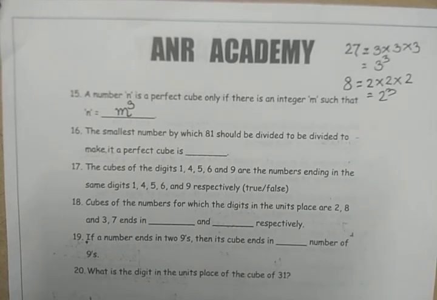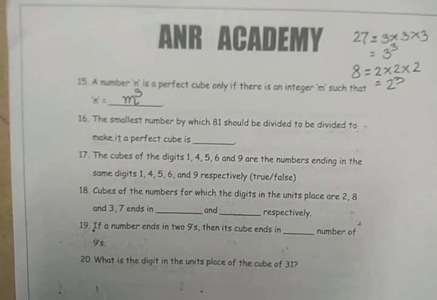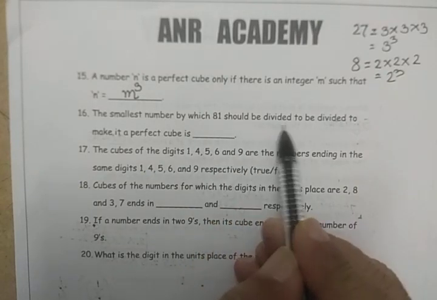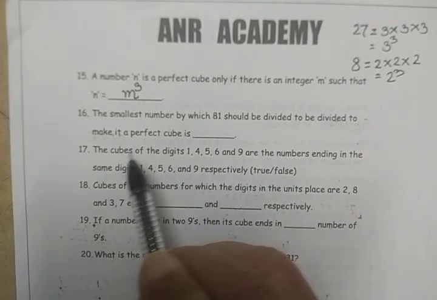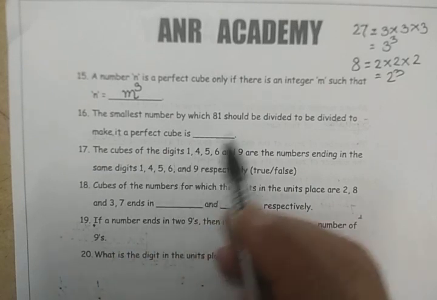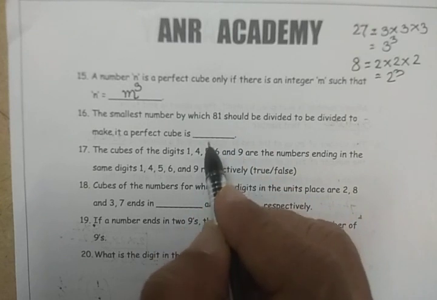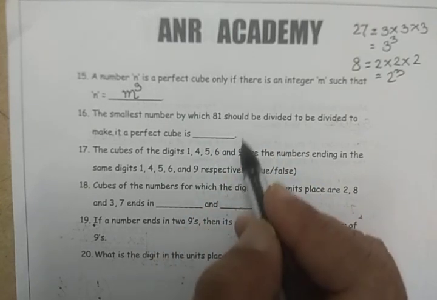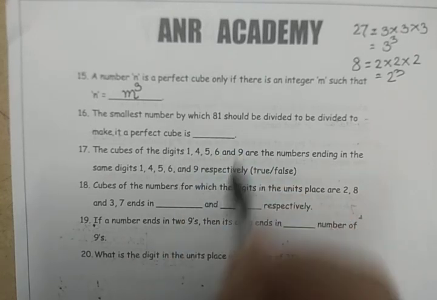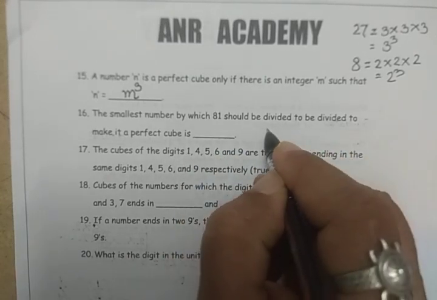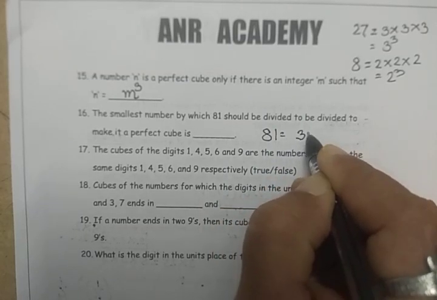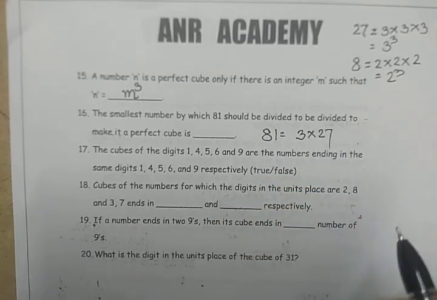Clear? Next. The smallest number by which 81 should be divided to make it a perfect cube is. That means by what smallest number you should divide 81 to make a perfect cube. So you have to write the factors of 81. 81 is equal to 3 into 27.